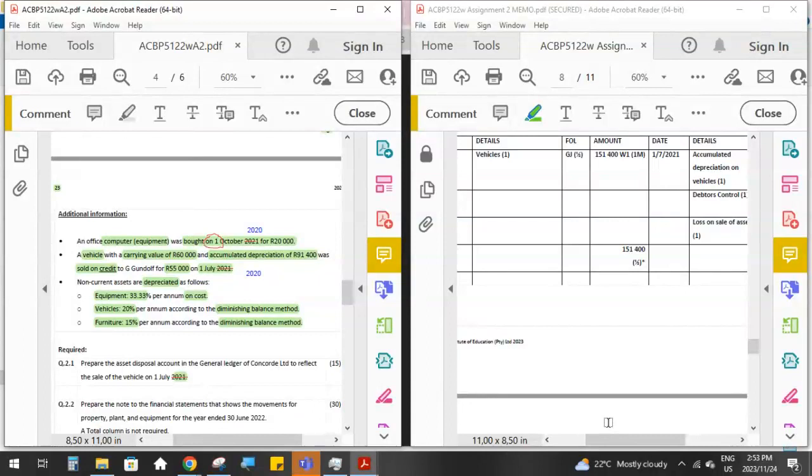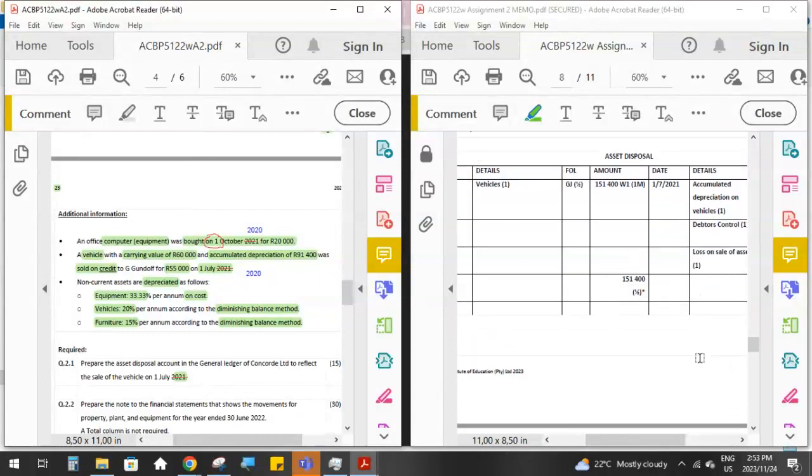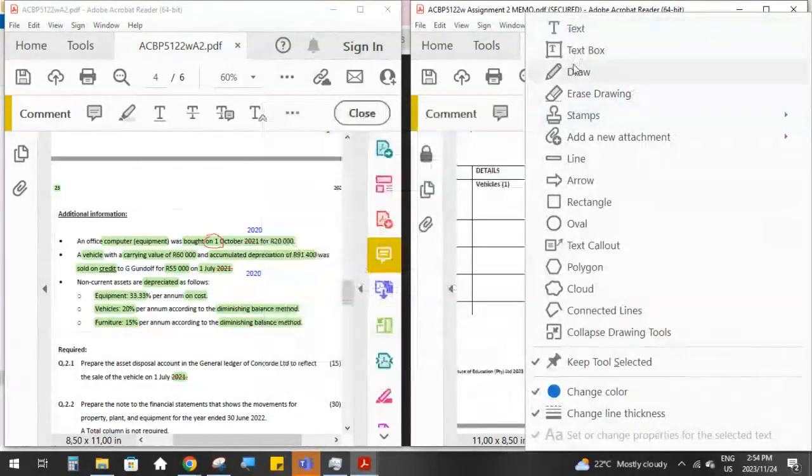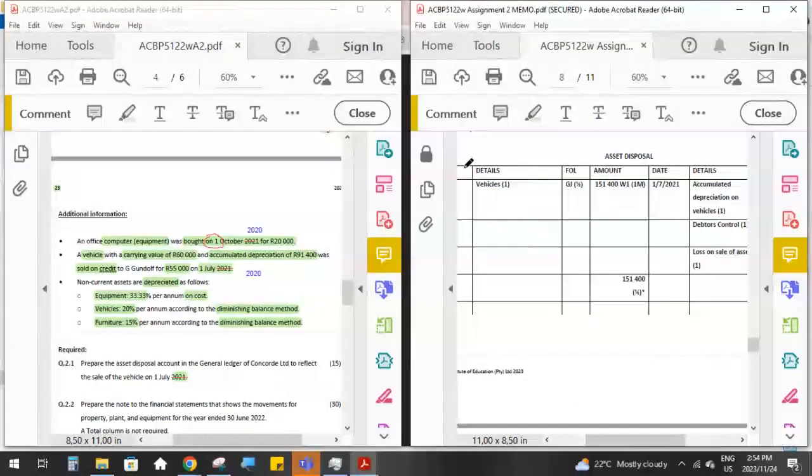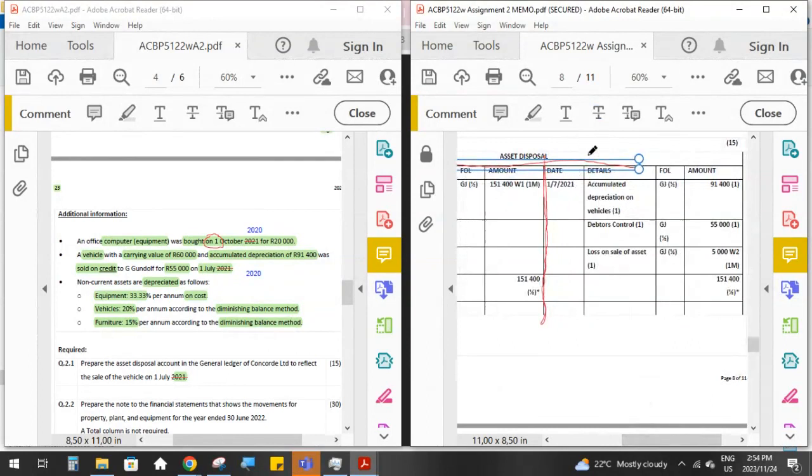Okay, so here on the right-hand side is our asset disposal T account. Remember, we call it a T account because it's in the shape of a T. We've got the total going across, and on the left-hand side, we've got date, details, folio, amount. And then here is the center line of our T. And on the right-hand side, we've got date, details, folio, amount for credits.